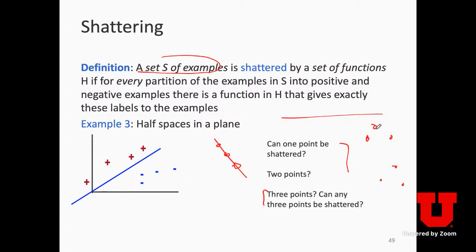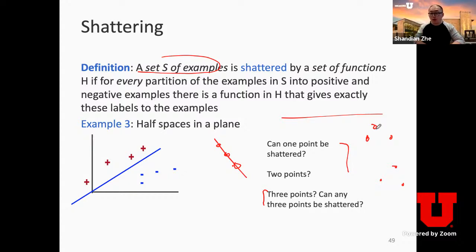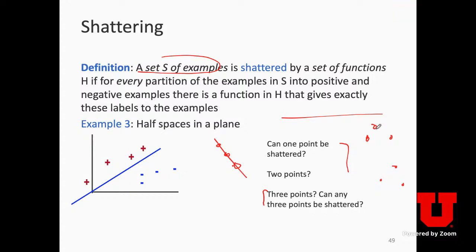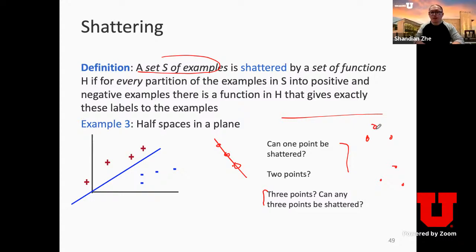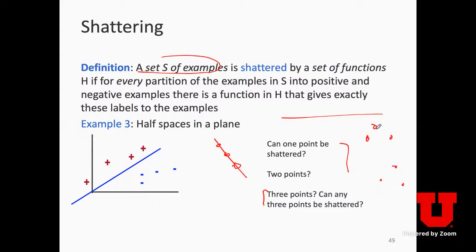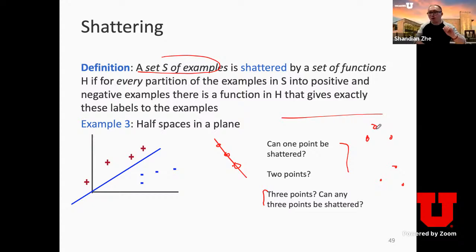If you talk about linear classifiers, yes. But for other more complex classifiers, perhaps for any combination of points, if they do not overlap, they can be shattered. That really depends. But I'm very happy that you noticed this subtlety. Don't be confused here.